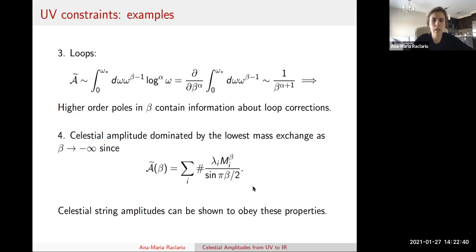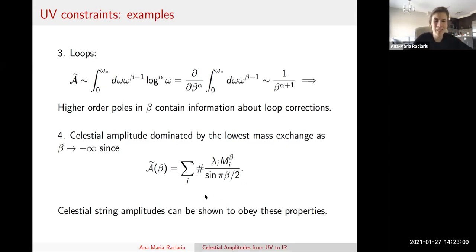And it's relevant because one can study tree-level amplitudes in string theory, whose celestial versions are actually quite complicated and not known in full analytic form. Nevertheless, one can use the expressions which have been written down by Stieberger and Taylor for these celestial string amplitudes to verify that they obey these properties I talked about.